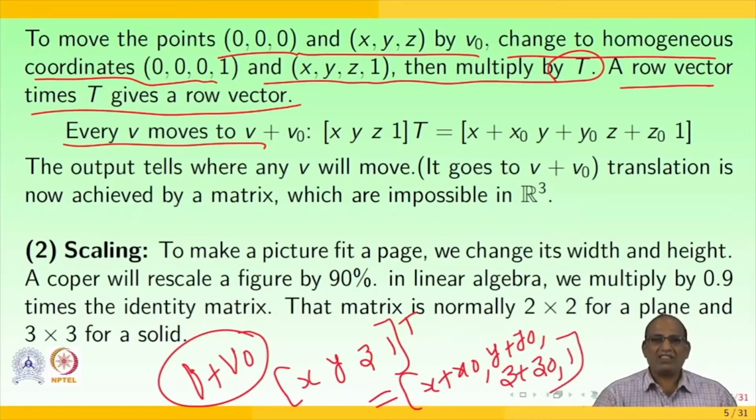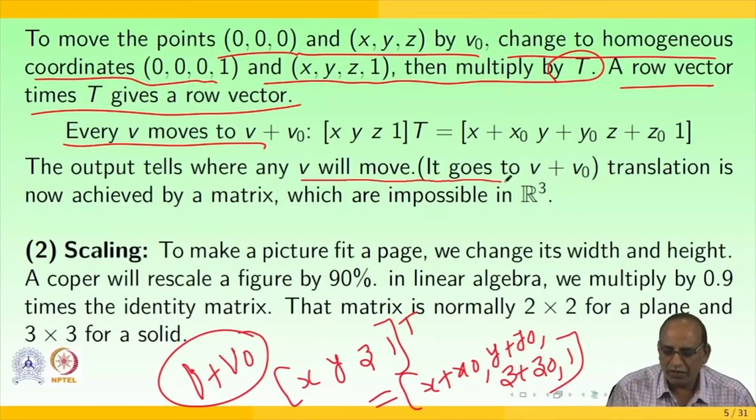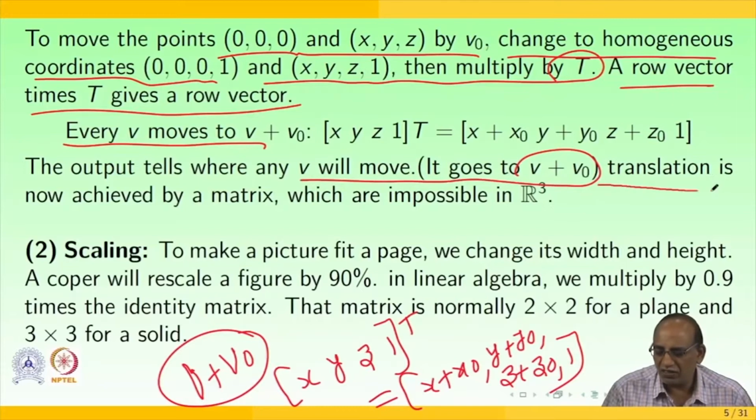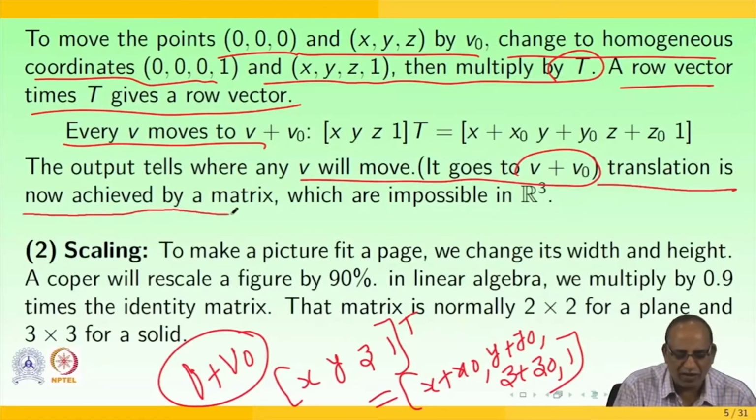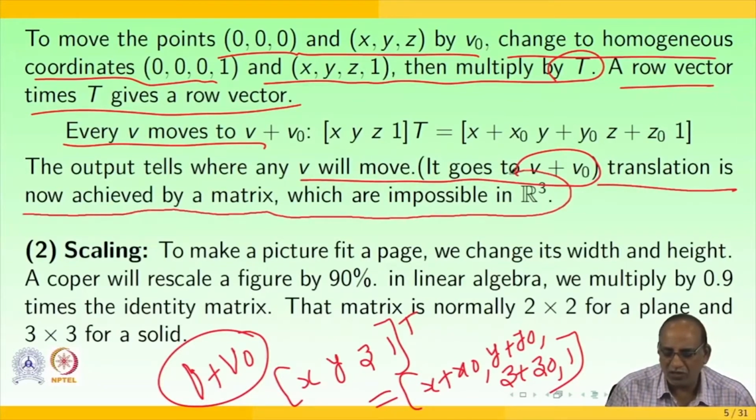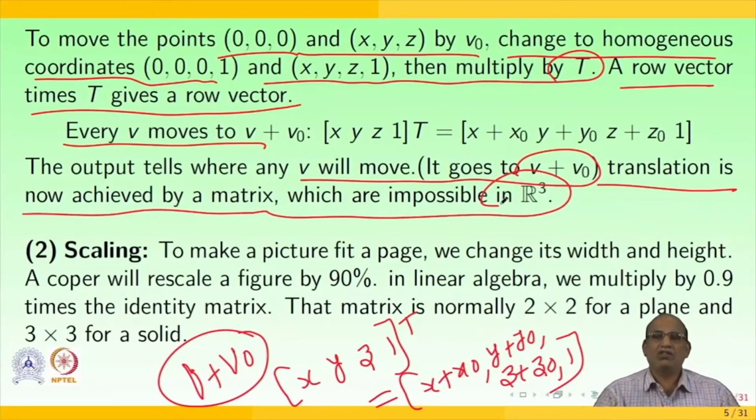The output tells where any v will move. It goes to v plus v0. Translation is now achieved by a matrix, which is impossible in R3. In fact, we were trying to do translation in R3, which is not possible in the R3 coordinate system, and we wanted to have 4 dimensions. That is what we do in the translation case.